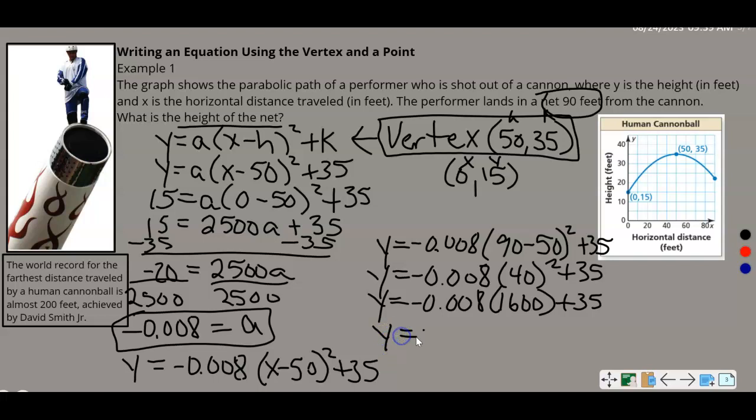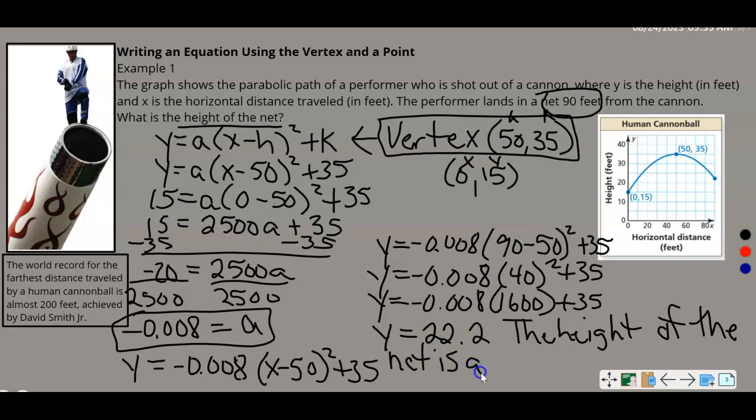So y equals 22.2. We can say that the height of the net is about 22.2 feet.